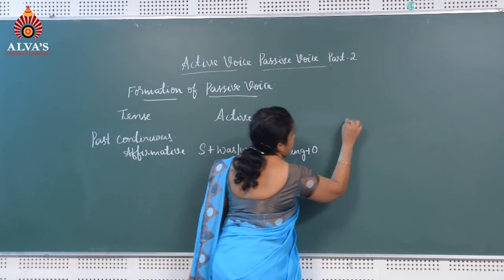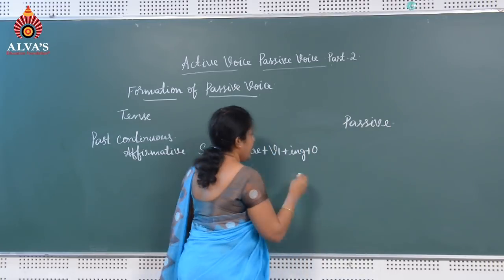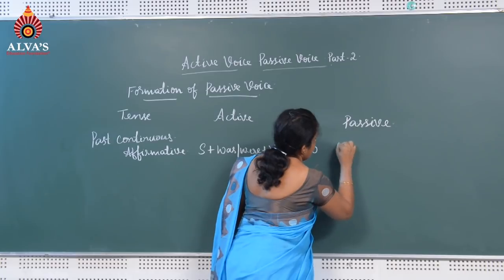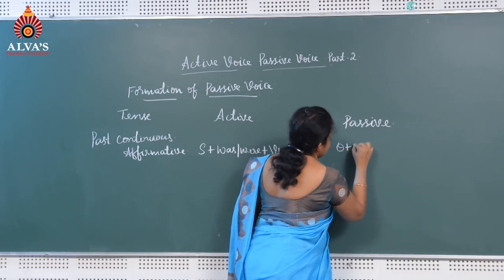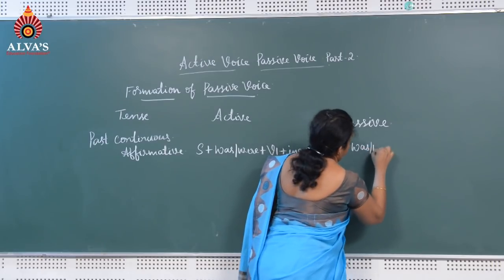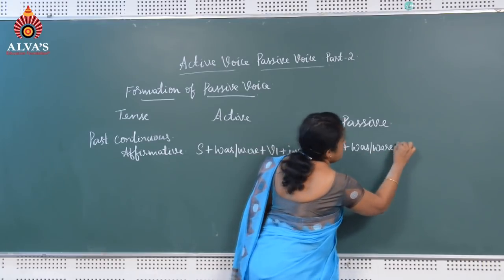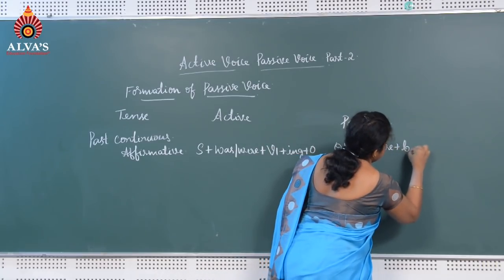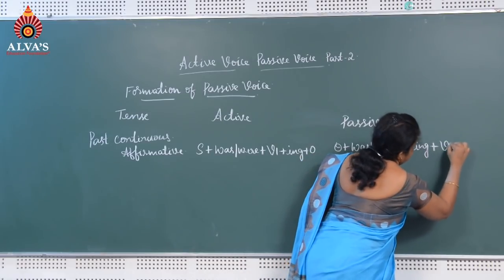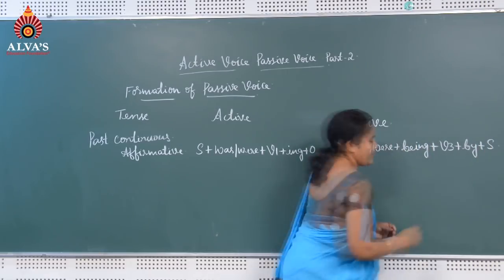Here, passive voice: the subject becomes the object. Object plus was or were plus being plus third form of the verb plus by plus a subject.